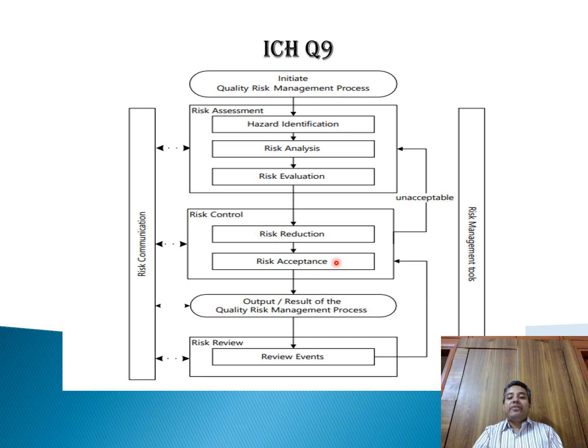And if the identified risk is classified as medium risk or high risk, then a risk mitigation plan is required to be implemented. And after the implementation of the risk mitigation plan, we need to evaluate whether the risk is still categorized as medium risk or high risk, or the risk can be classified as low risk after the implementation of the risk mitigation plan.